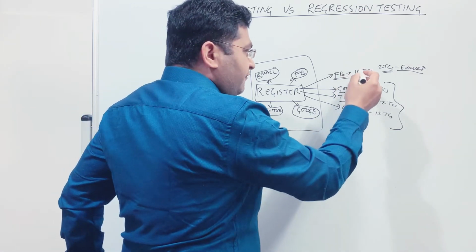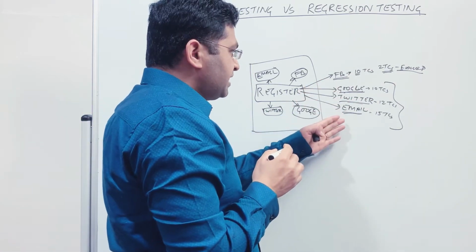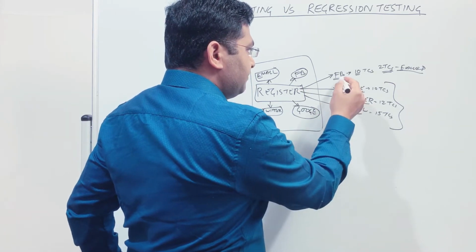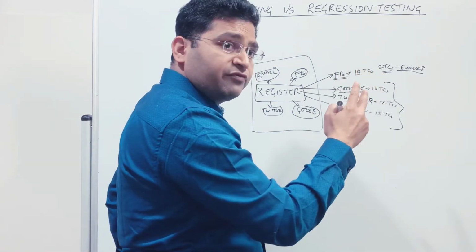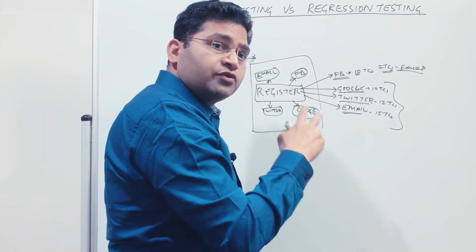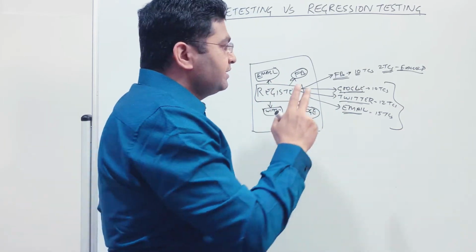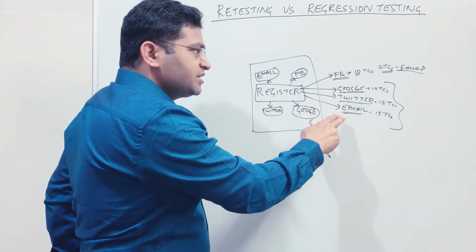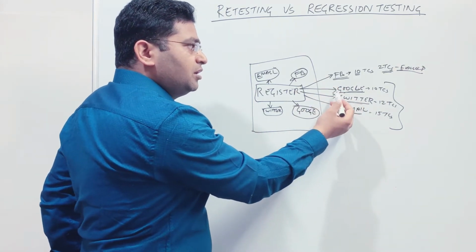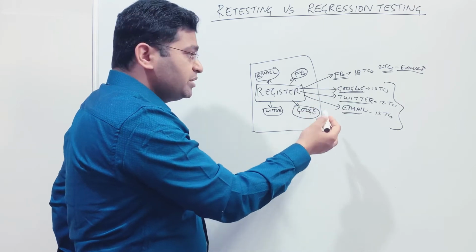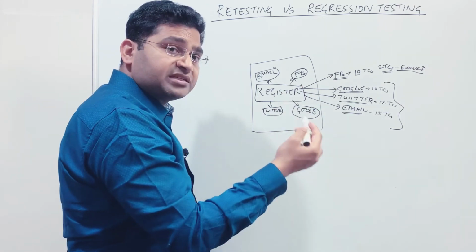Because in the first round of execution, everything was passing: Google, Twitter, email, and Facebook, only two test cases were failing. But when you got the fix for those two defects, you also want to ensure that the existing registration that was passing for Google, Twitter, and email still passes, right?